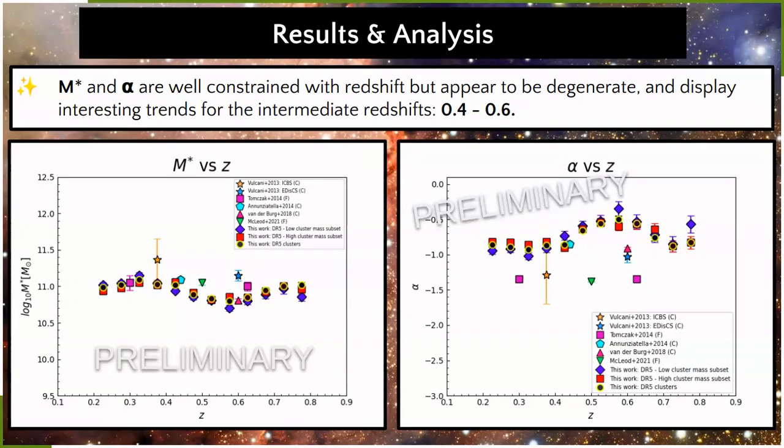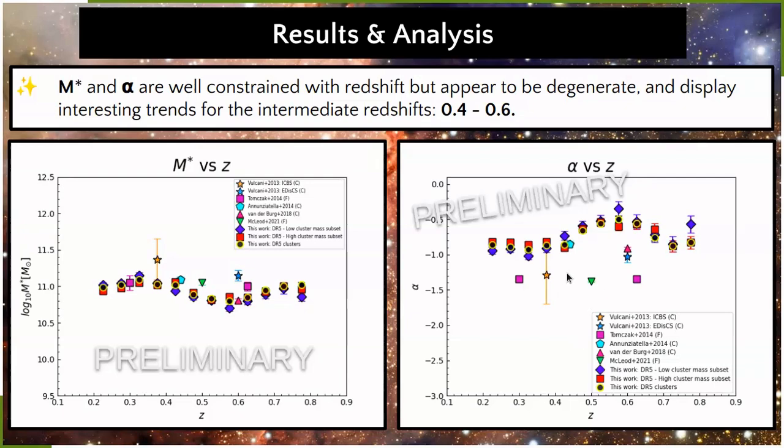So we still need to gain more perspective to understand what's driving the evolution of these parameters, M star and alpha. If I take the mass slope alpha, it tells us if there's a higher abundance of low mass galaxies in the cluster SMF, and helps us track how that distribution moves with time.